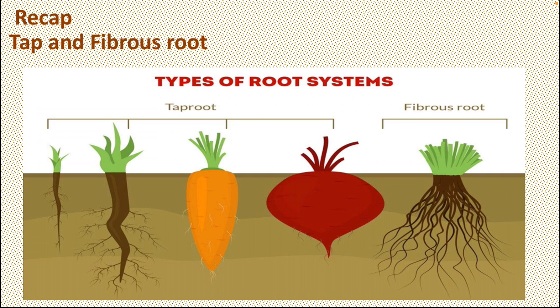Tap root has a main downward growing root with small roots branching off. Examples are carrot, radish, beets, potatoes and turnip. They are storage taproots because they hold sugar and starch made in the leaves.